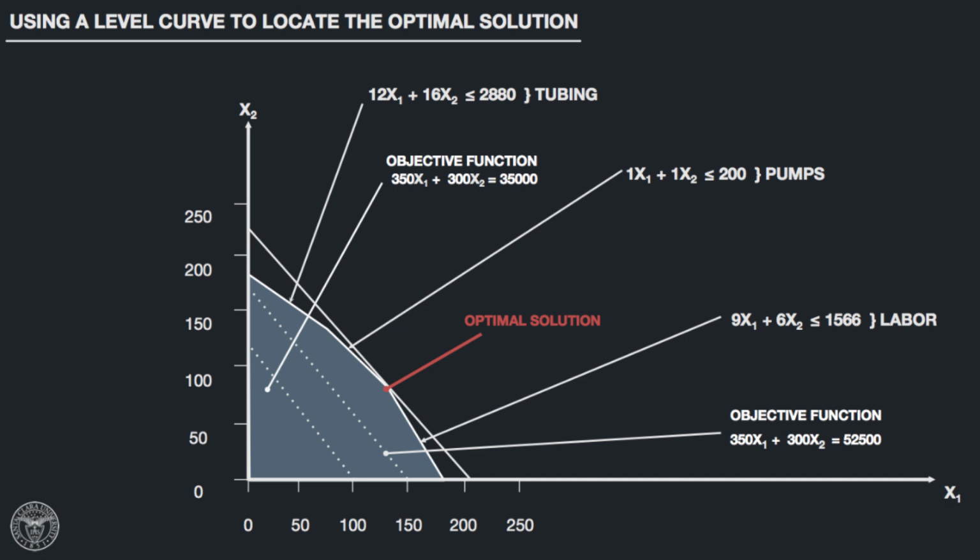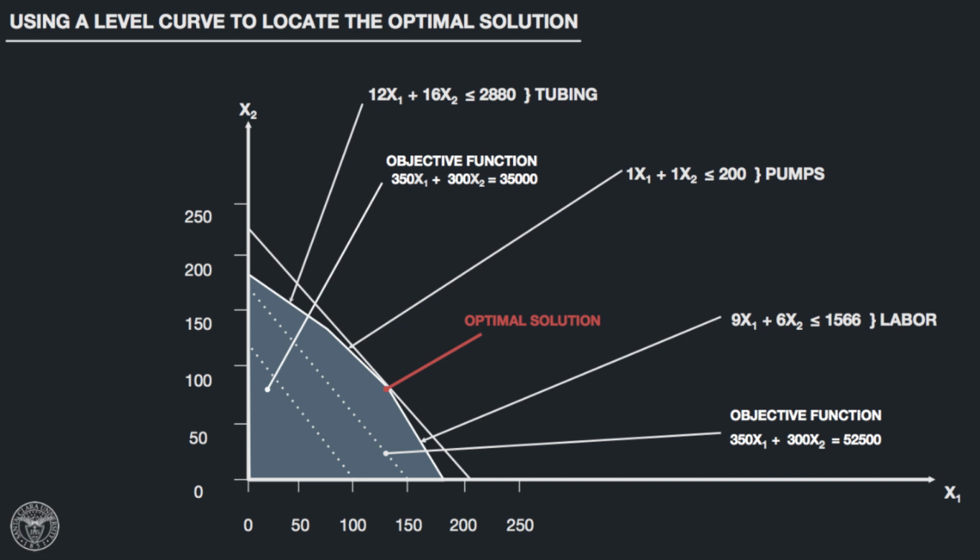As long as you can move your ruler comfortably to touch only one of the corner points, you can identify the optimal solution. But if your graph is not perfect and it is difficult to identify the optimal solution point, you might still go back to enumeration, compare those two close points, and figure out which gives you a higher value of the objective function.